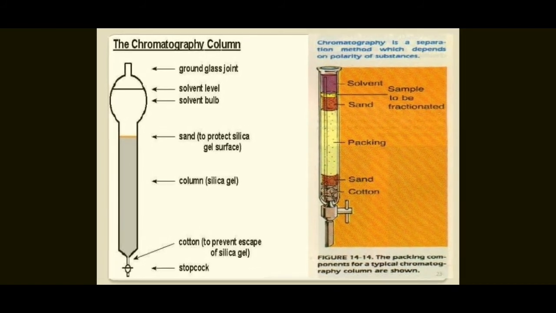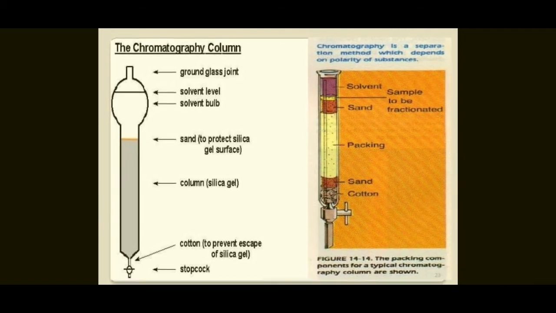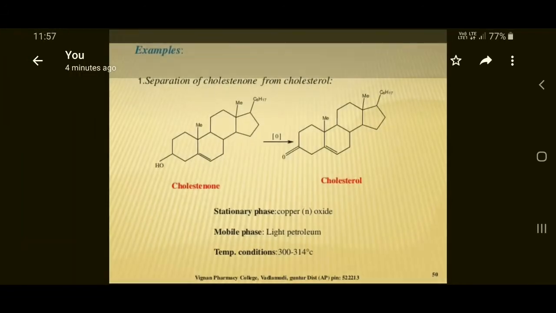So column chromatography is a separation method which depends on the quality of the substance. So sand, cotton and packing, sand, solvents and the sample to be fractionated are given in the diagrams. The diagrams, figures 1 and 2, show the packing of column chromatography for the types of chromatography.